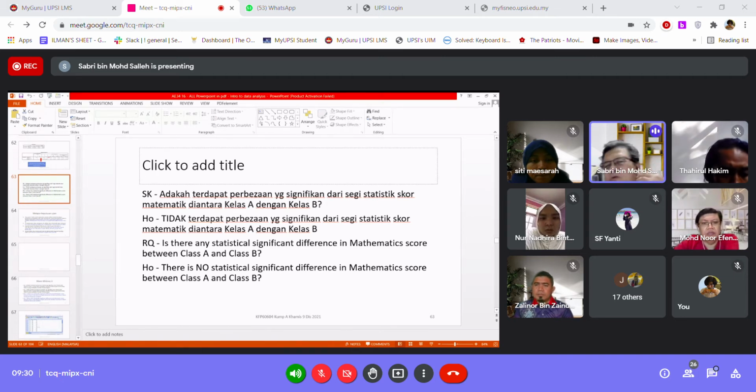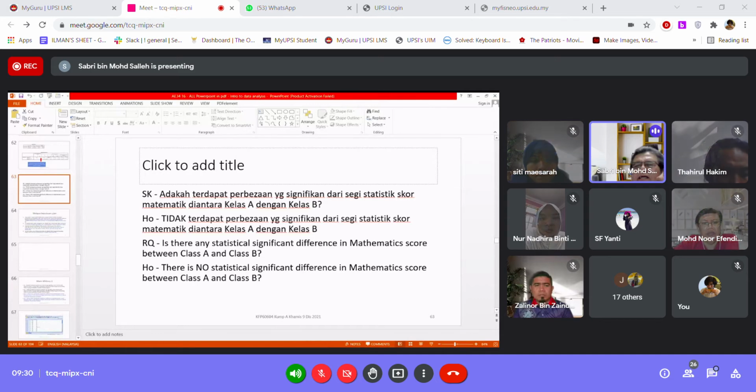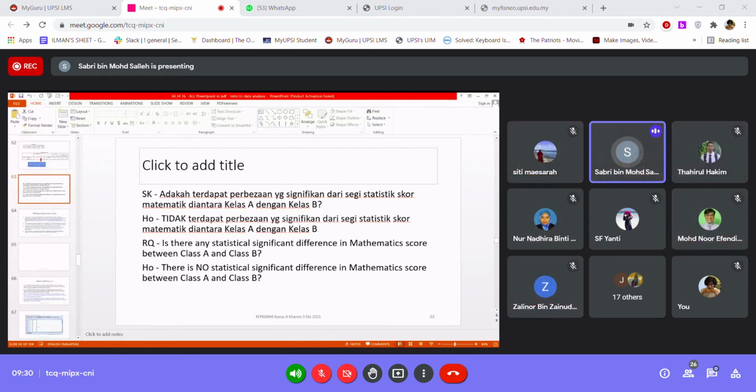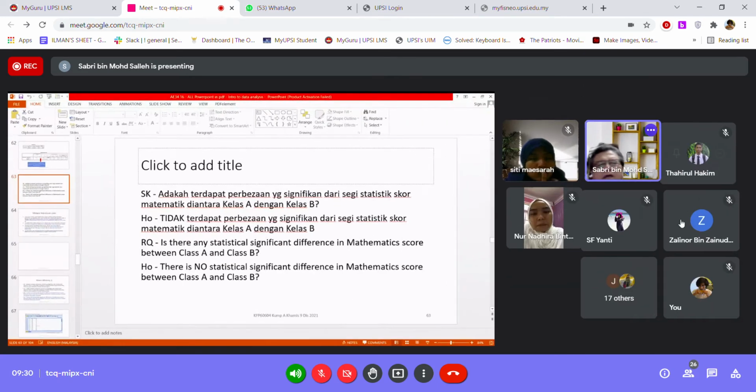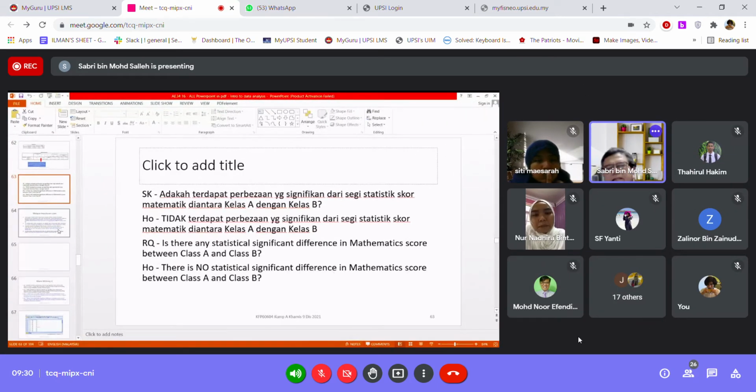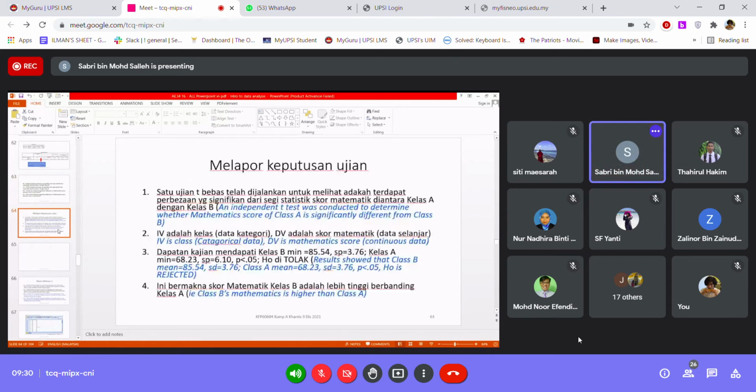But what you are understanding is the null hypothesis. In BM, tidak terdapat perbezaan yang signifikan dari segi statistik skor matematik di antara kelas A dengan kelas B. In English, there is no statistical significant difference in math score between class A and class B. So having that null hypothesis, we come to the result.